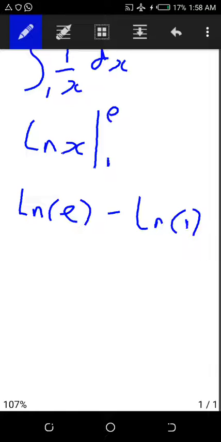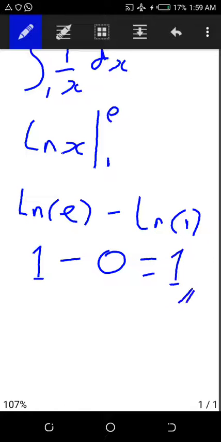At this point you would have to know that the value of ln e is equal to 1, and the value of ln 1 is equal to 0. So ln e evaluates to 1, minus, while ln 1 evaluates to 0. So we have 1 minus 0, and that gives us 1.